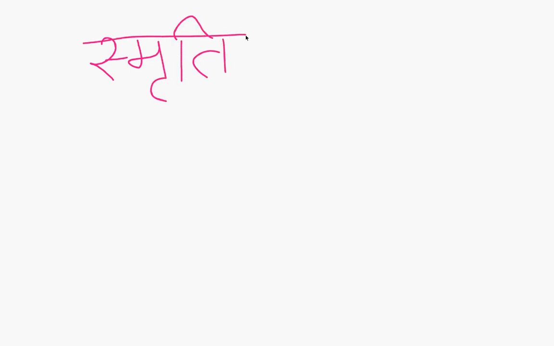So smriti and bhakti. Somebody can keep the English meanings for these. Bhakti means devotion. These could be somebody's name also, but they are mostly used as a concept. Bhakti is devotion, smriti is memory.